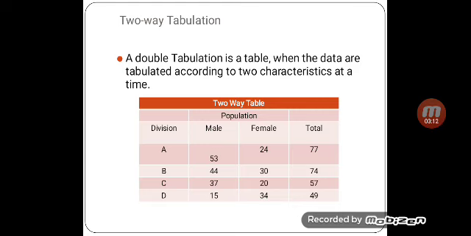It is an upgrade of simple tabulation. It has more information when compared to simple tabulation. We have taken the same division and total strength, but in the middle of the population we have divided male and female. The extra information given in one chart is called two-way tabulation or double tabulation.